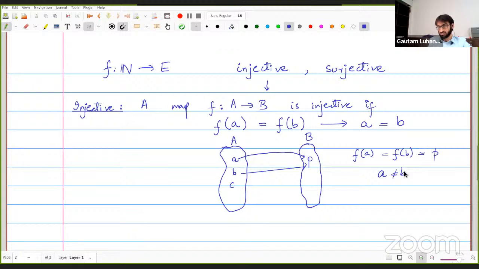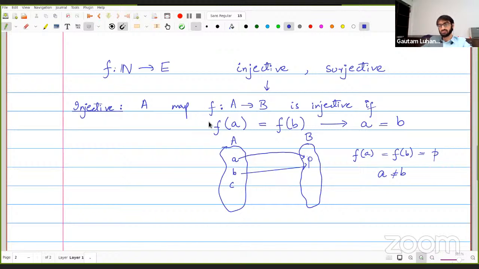Therefore, this map is not injective, because P has two pre-images, a and b. Both a and b are mapped onto the same element.